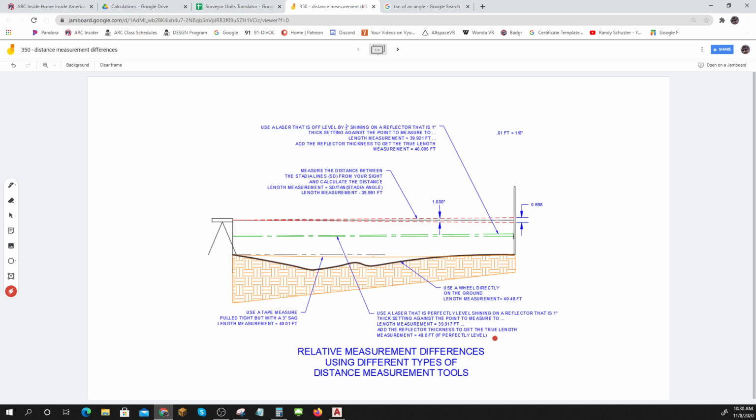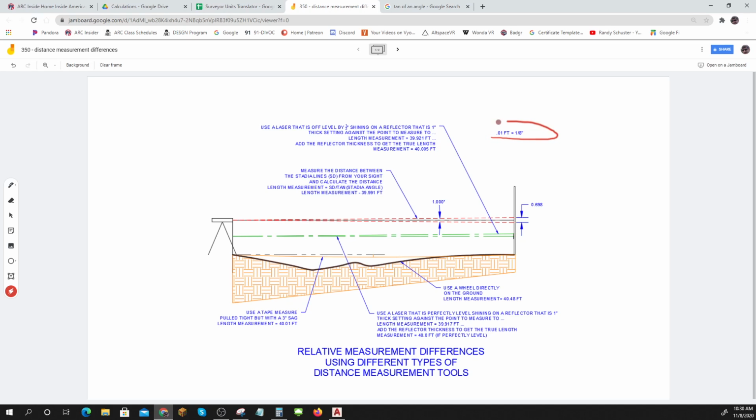It's not always easy to get a perfectly level laser measurement of where you want to go. And then sometimes you're just off. It's not perfectly level. So you can imagine that this upper line here, instead of 39.91 as my reading, if I'm off by 1/2 degree, I'm going to measure 39.92.